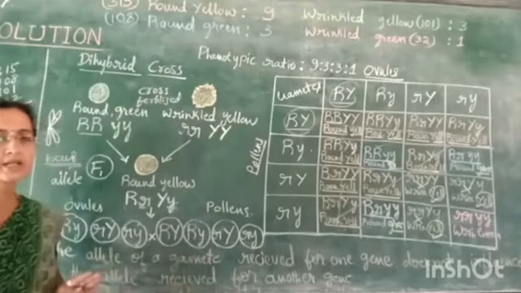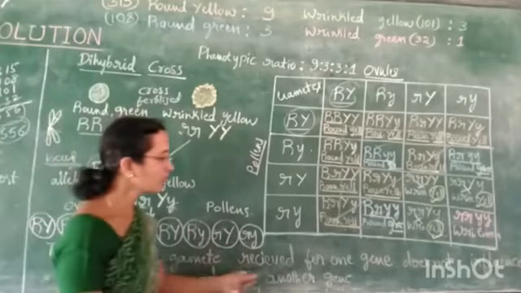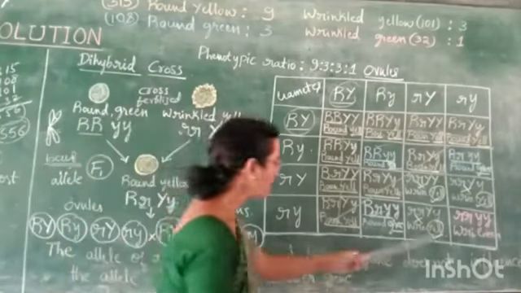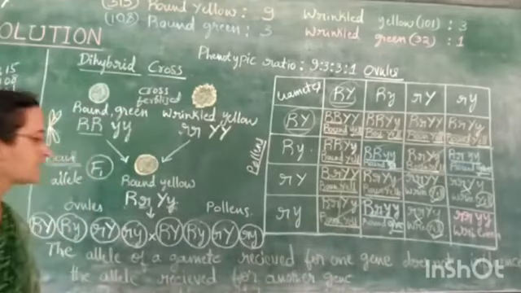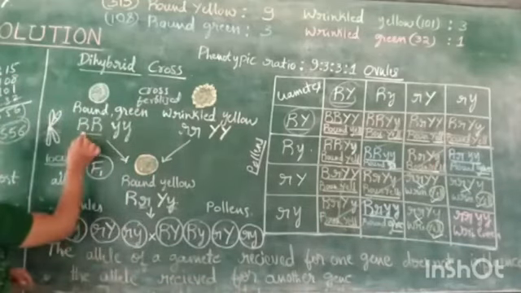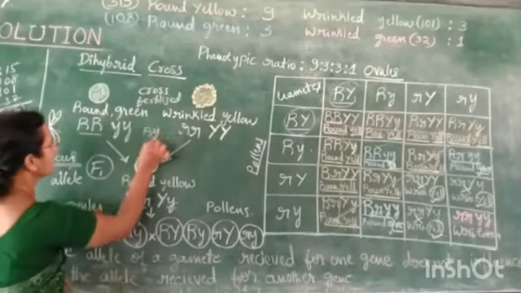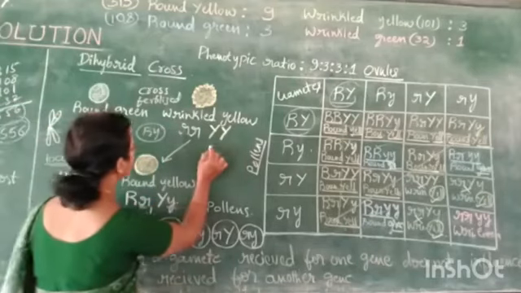So like this, the allele of a gamete received for one gene does not influence another gene. This is one gene, and this is another gene.